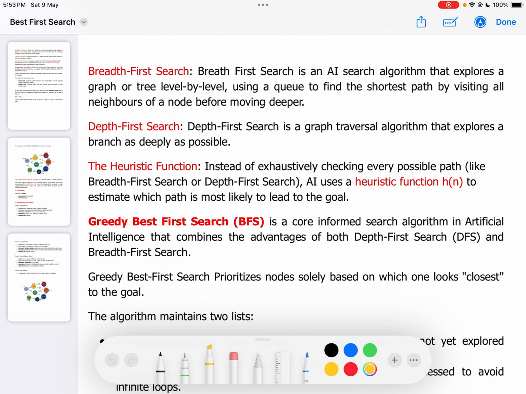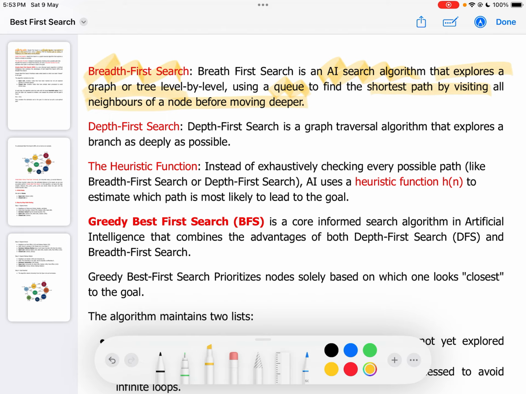Before that, let's first talk about breadth first search. This is an AI search algorithm that explores a graph or a tree using a queue to find the shortest path by visiting the neighbors of a node before moving deeper.